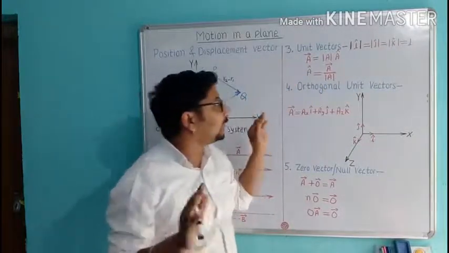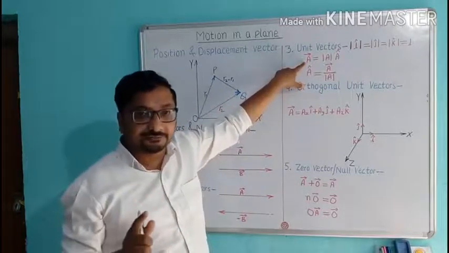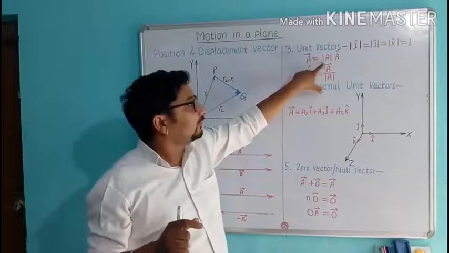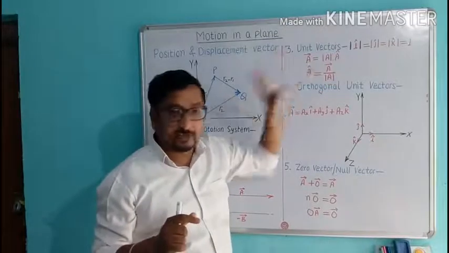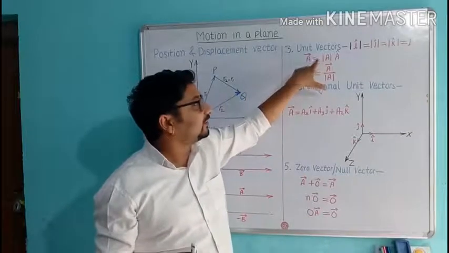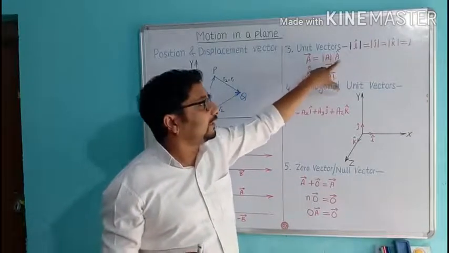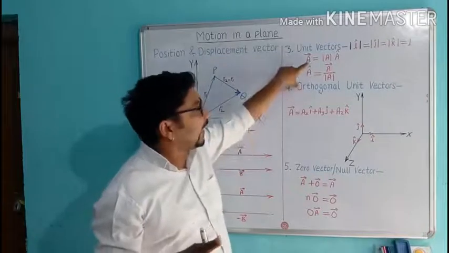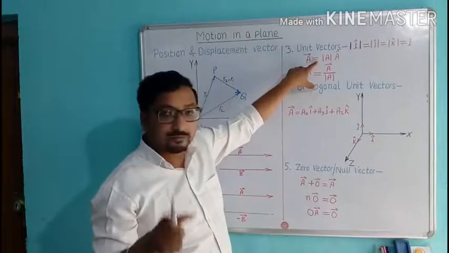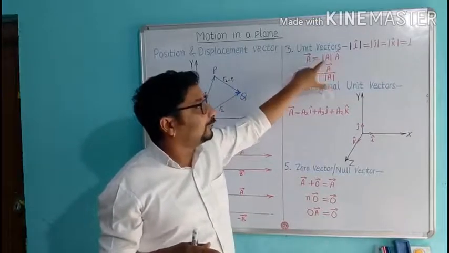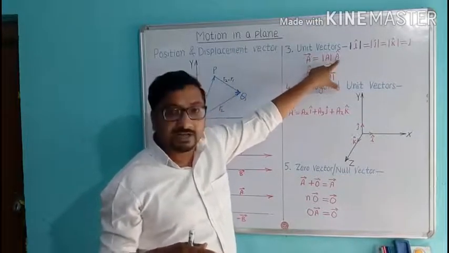Okay, now we know that any vector A can be represented as mod A into A cap. We can write any vector A as equal to mod of A times A cap. We know that a vector has magnitude and direction.